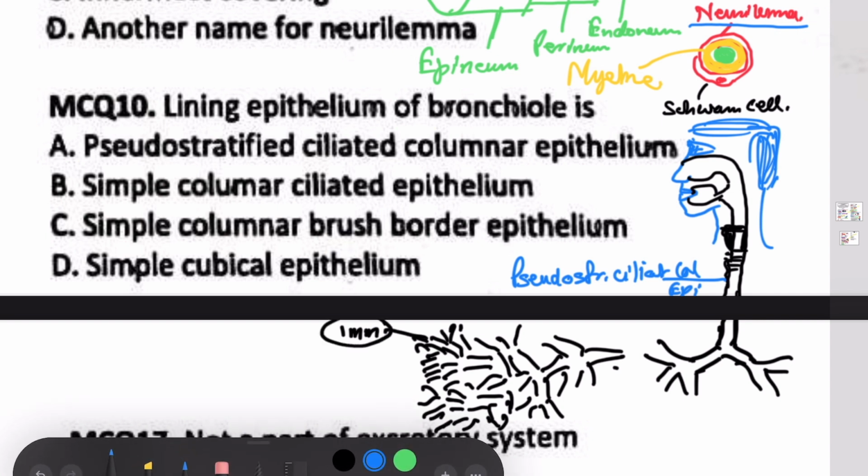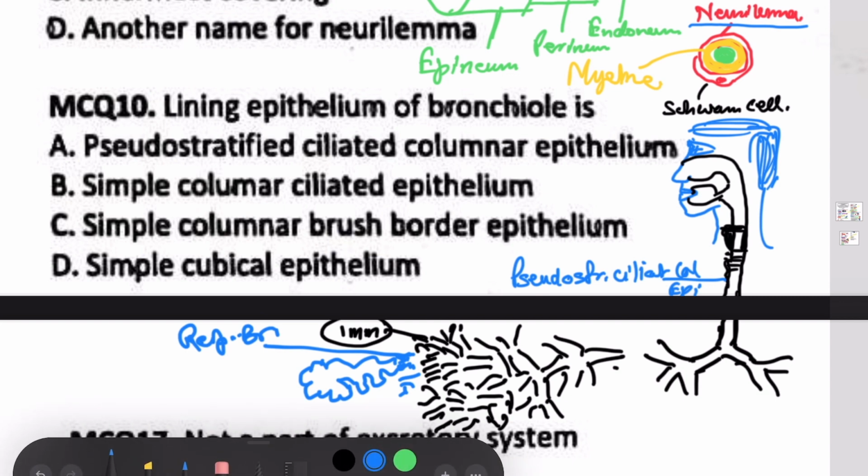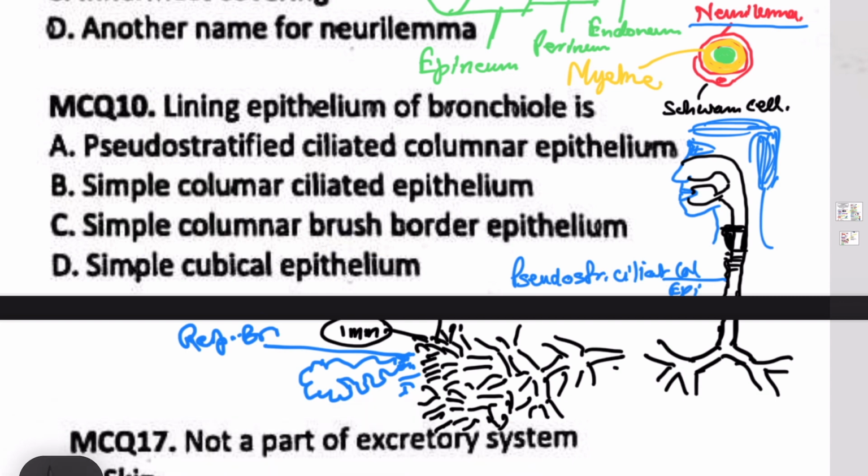And from there it is the respiratory bronchioles, and from the respiratory bronchiole, you have alveolar sacs, alveolar ducts, and alveoli. This is the respiratory bronchiole, and this one is the terminal bronchiole.